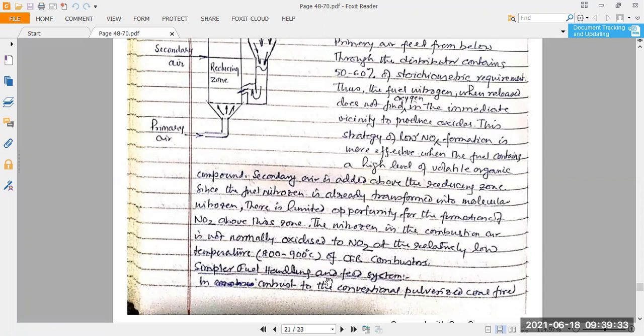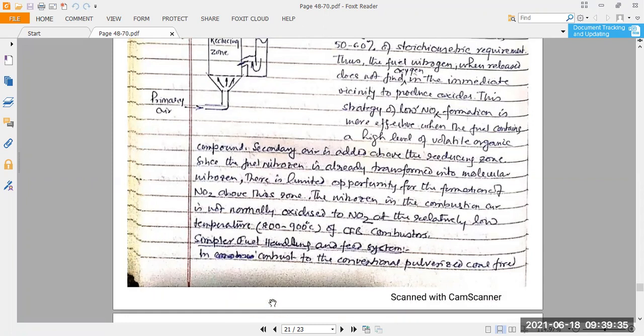Then, simpler fuel handling. Let us go to the next point, simpler fuel handling and fuel feed system.